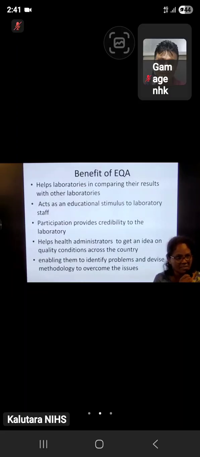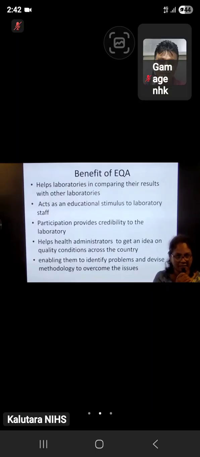Participation provides credibility to the laboratory. That is also a benefit. So that point you can remember. The health administrators get an idea on quality conditions across the country. I think almost all the microbiology laboratories are participating in the EQA program.